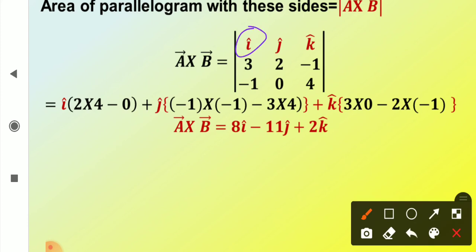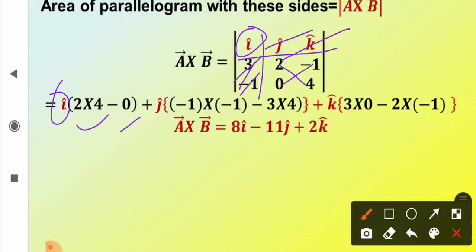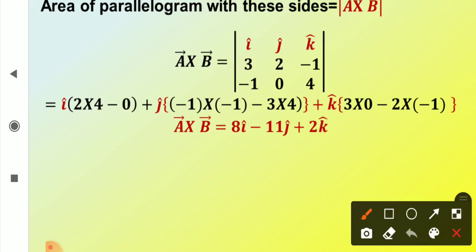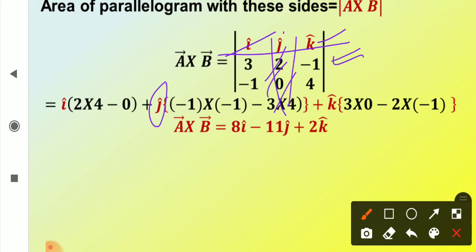for coefficient of i here, leave this column and leave this row. You get 2 into 4 minus 0 into minus 1, that is 8, plus for the second one, j, leave this column, leave this row, and after j we will move to k, cyclic order.